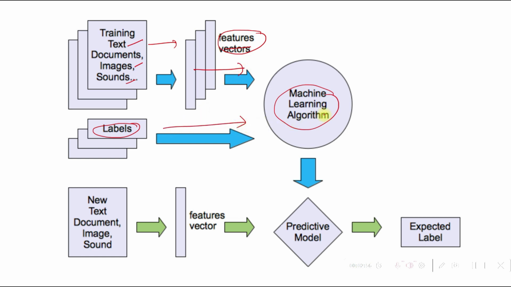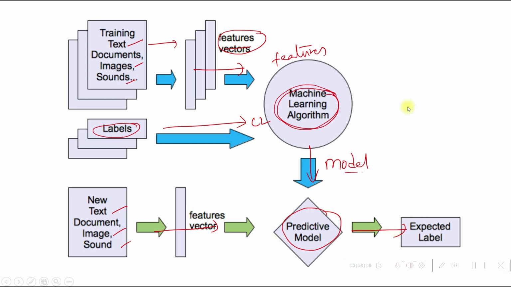Based on these features and corresponding class labels, our machine learning algorithm is going to learn, and we develop one model. Based on this model, whenever you provide a new input in the form of a text document or image or sound, whatever it may be, that is converted in the form of features. Now our model is going to predict the corresponding class label. This is simply called a supervised learning system.